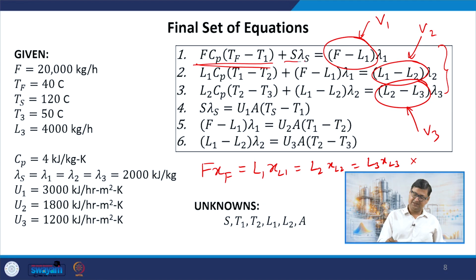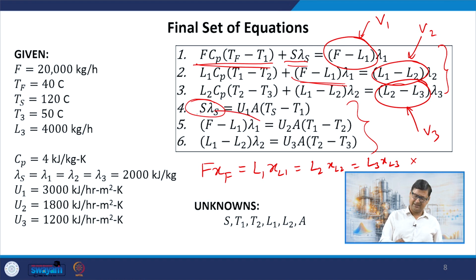Then there is some energy given by the steam or the vapor in the subsequent effect, and that is equal to the energy that is going out in the vapor leaving the effect. That gives me the energy balance equation. And then we have three heat exchange equations, where basically the energy supplied by the steam in the first effect is S lambda_S.